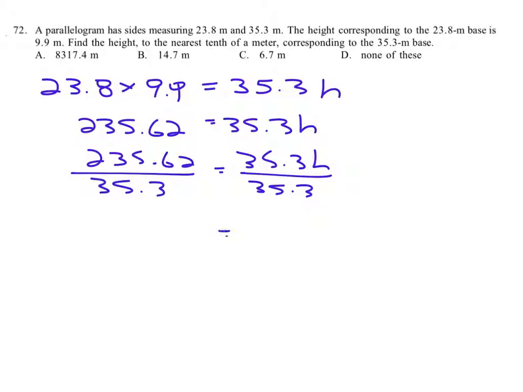And you get h approximately equal to 6.67, which again, if rounded to the nearest tenths place, and that is a 5 or higher, bumping the 6 up to a 7, we would get 6.7 meters is approximately equal to the height.